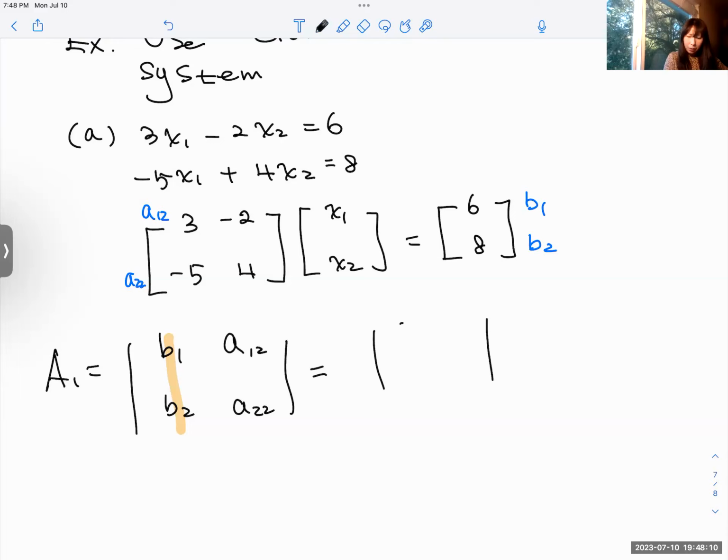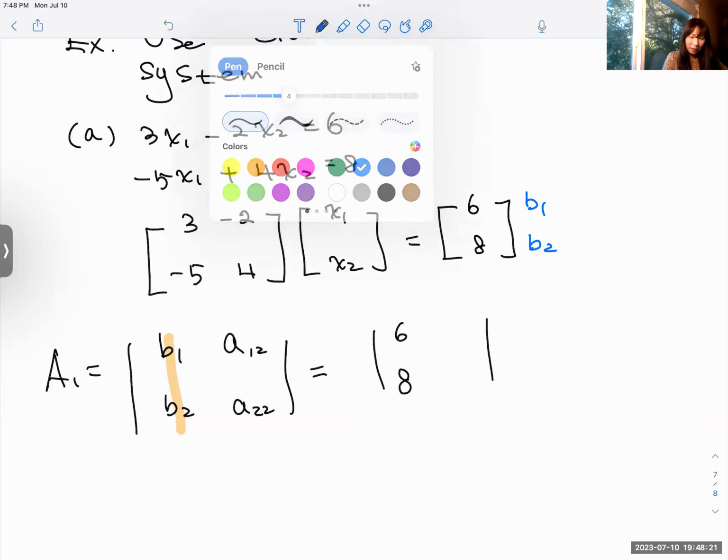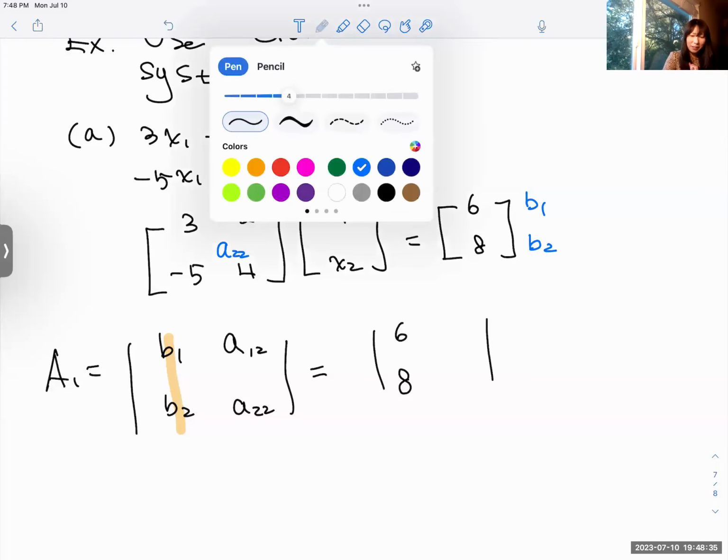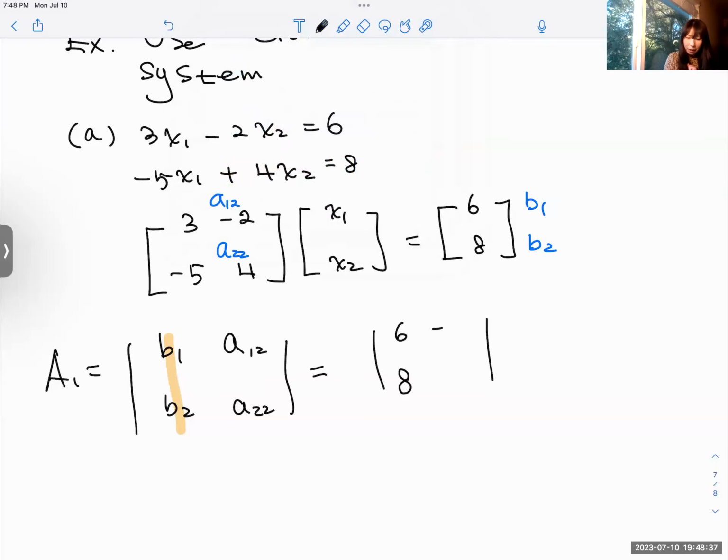We get 6 and 8, correct, but the second column is not 1, 2. Because the first column is occupied by B, that's why we are using the second column: negative 2, 4. Make sense? Good thing we caught that.